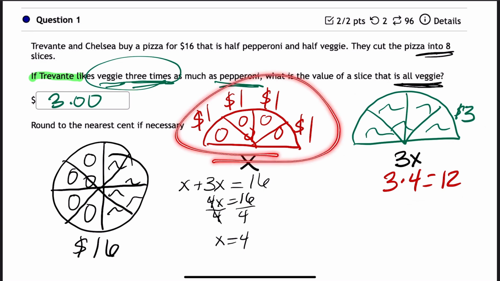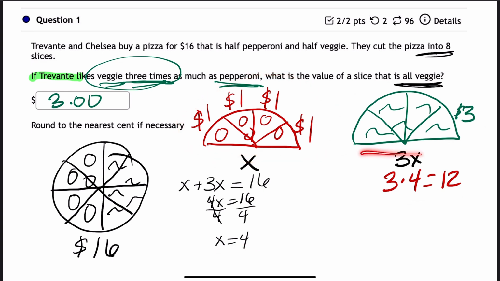So one whole pepperoni was $4, so the whole veggie is $12. But that's the whole thing. And once again, we need to divide by 4 because there are 4 slices, to figure out that one slice is going to give us $3.